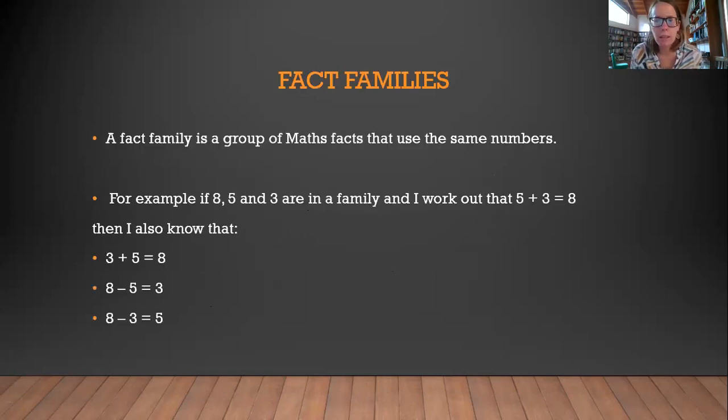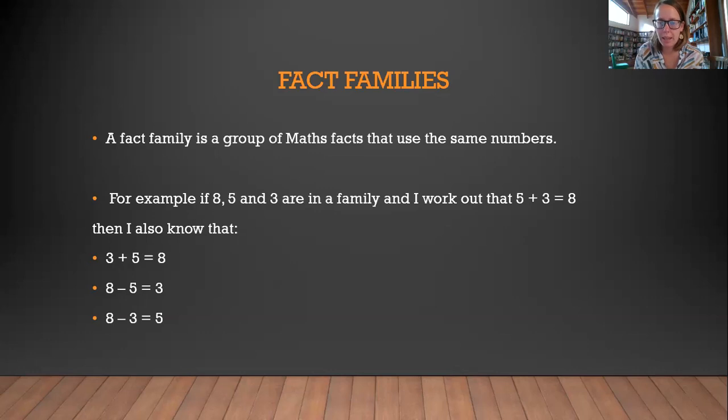Let's just remind ourselves of what a fact family is. A fact family is a group of maths facts that use the same numbers. So I've got an example here. I might say that 8, 5, and 3 are all in a family.